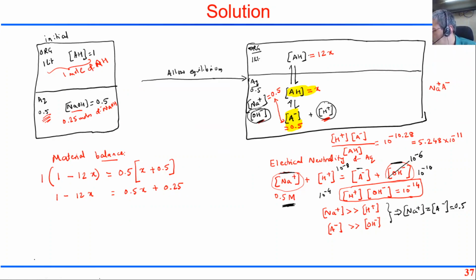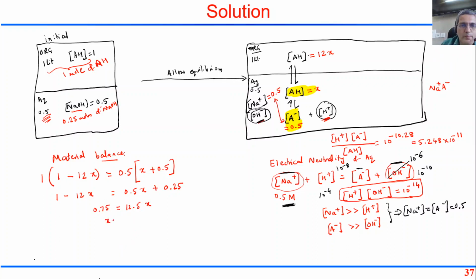One minus 12x would be 0.5x plus 0.25. So this is 12.5x, would be 0.75. 1 minus 0.25.